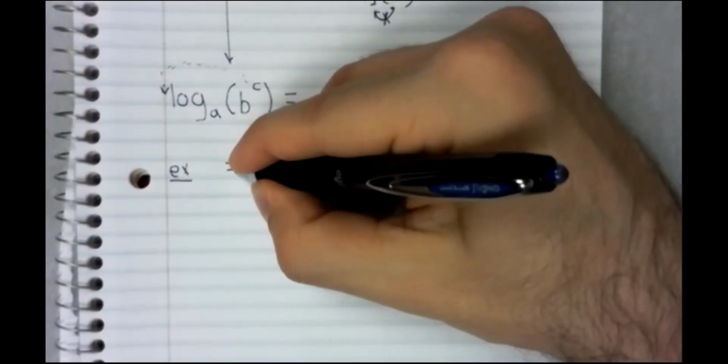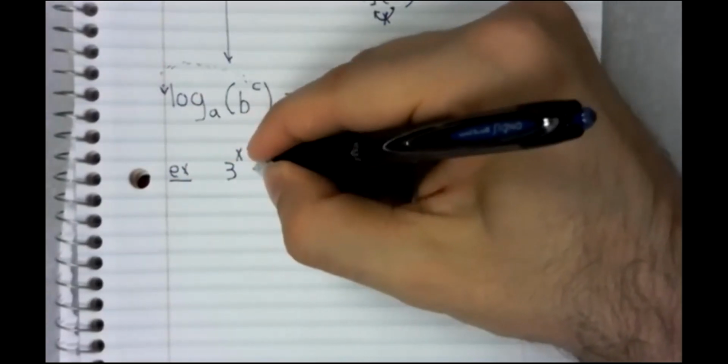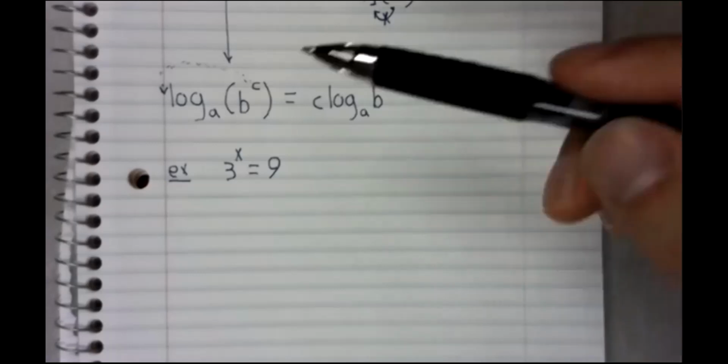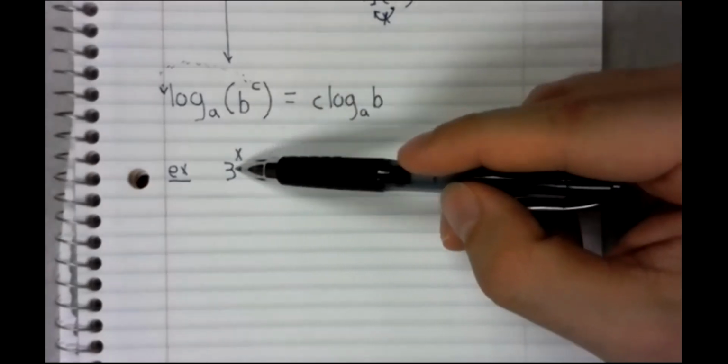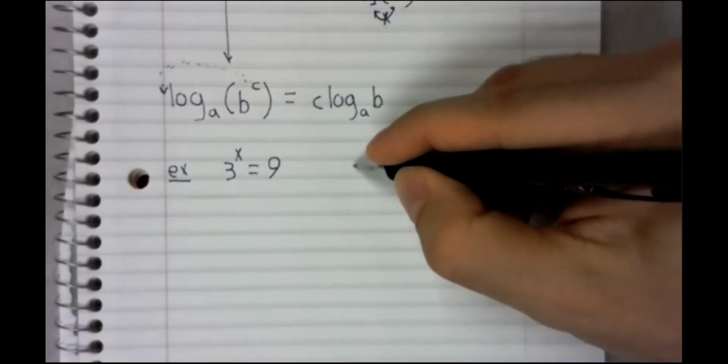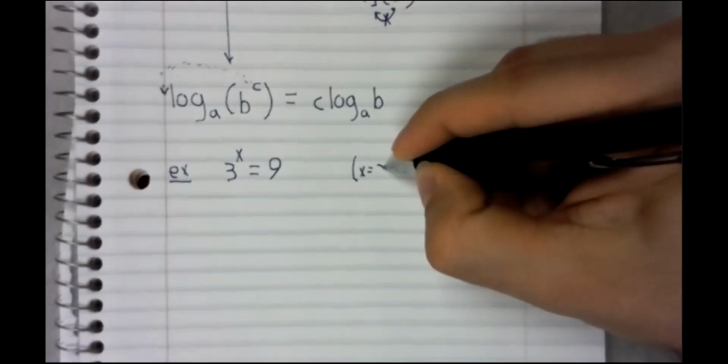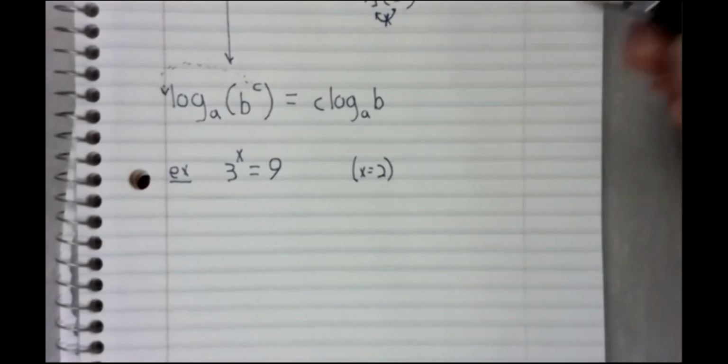Well, it's good for solving exponential equations. And I intentionally selected an exponential equation that we can solve in our head. 3 squared equals 9, so that we'll be able to check our answer after we get it.